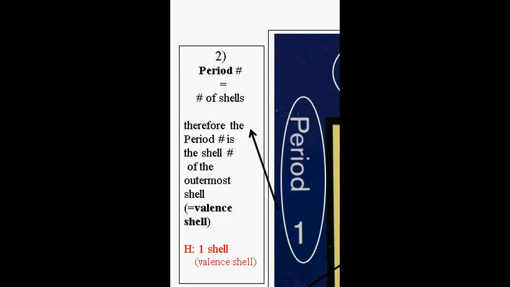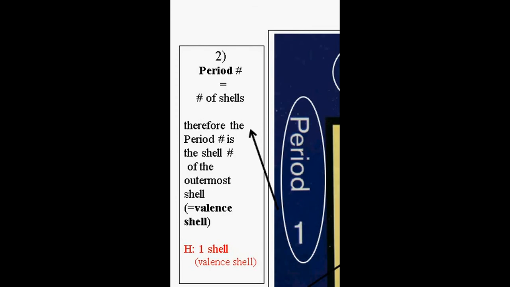Next, we move on to item number 2, and this is the period number. We know that hydrogen is in period number 1. This tells us that hydrogen has only 1 shell.